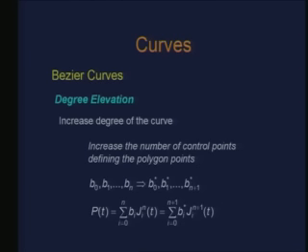Now going to another feature of these Bezier curves, which is useful for facilitating the design of the curves. We observe that the degree of the curve is basically defined by the number of control points we have, and control points are the control handles for designing the shape of the curve. I can displace those points wherever I want, and the larger the number of control points, the more control I have on the shape of the curve.